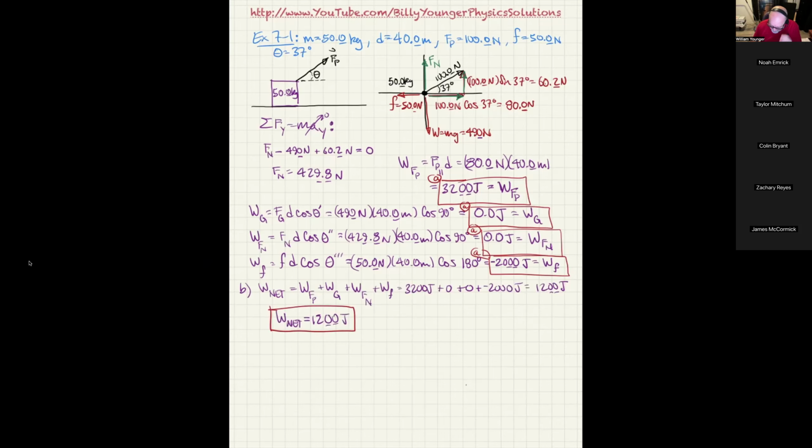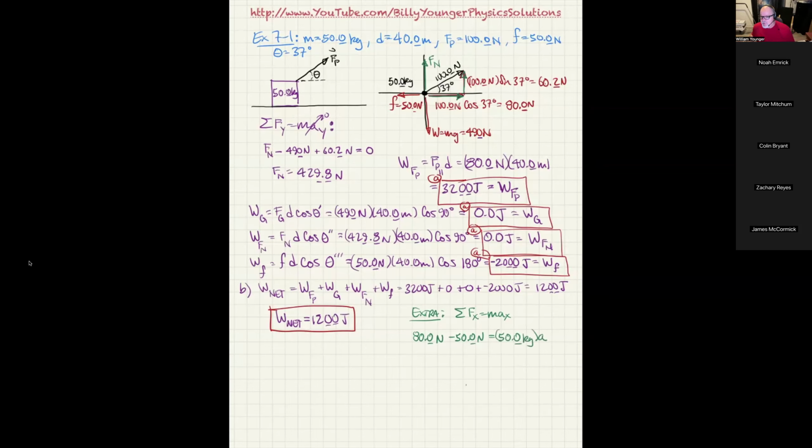Now, something very neat that I want you to notice here. If I did the summation of the forces, so this is extra, if I did the summation of forces in the x direction equals mass times acceleration in the x direction, what I would get would be obviously 80.0 newtons minus 50.0 newtons, and that's all the forces, is equal to 50.0 kilograms times a.